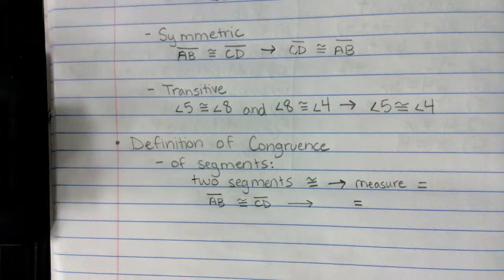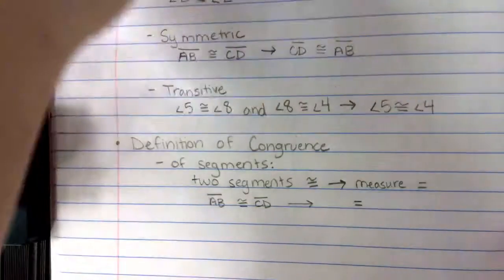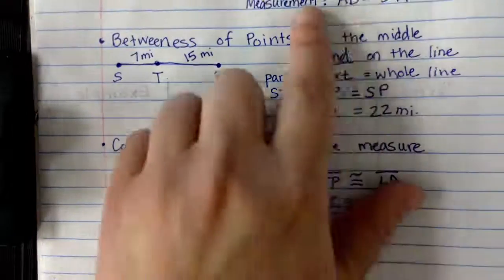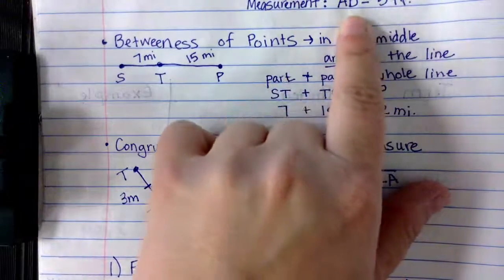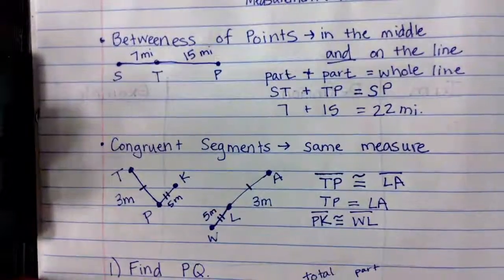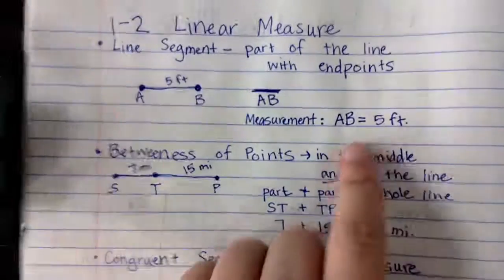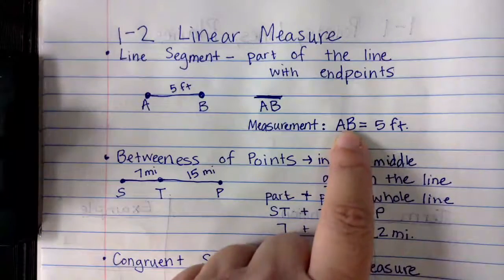Close. So you had that AB, and then right underneath that AB, underneath line segment, we said measurement AB equals 5 feet, right? Remember right here? That's our measurement.